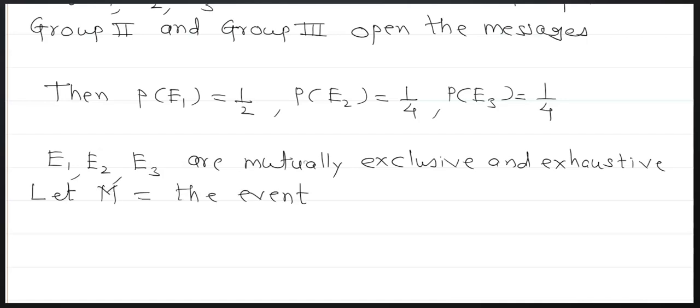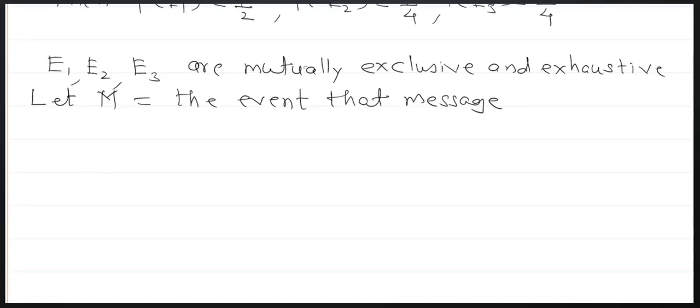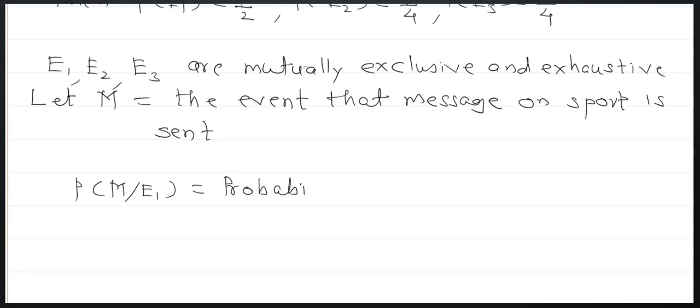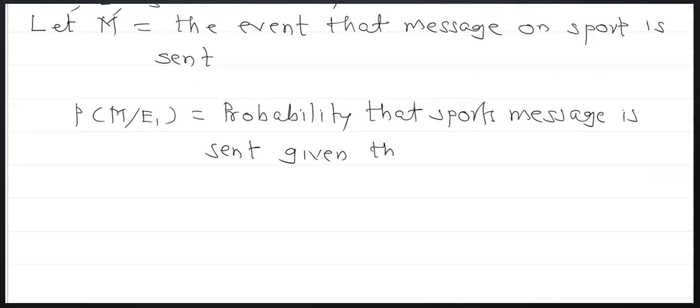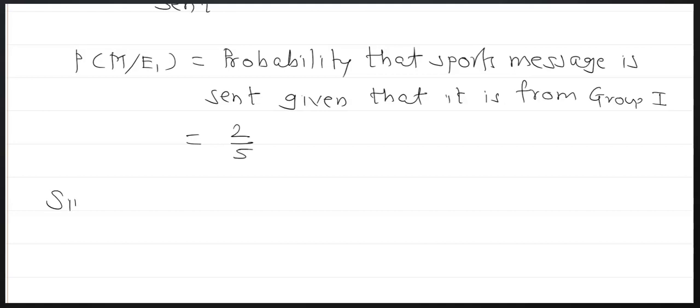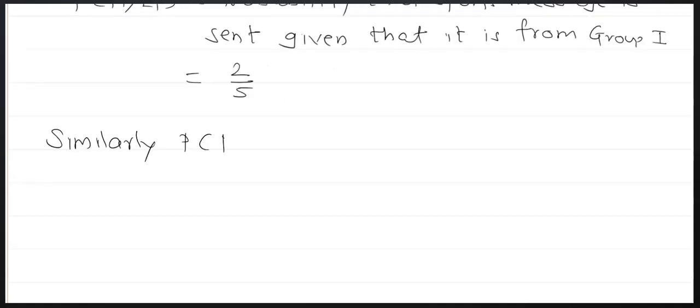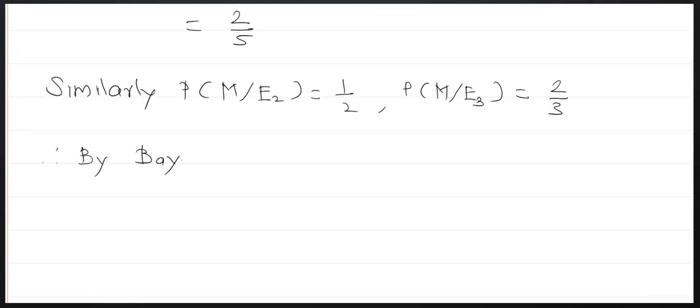Let M be the event that the message on sports is sent. Probability of M conditional E1, that is the probability that the sports message is sent given that it is from group 1, is 2 by 5. Similarly, probability of M conditional E2 is 1 upon 2. Probability of M conditional E3 is 2 by 5.